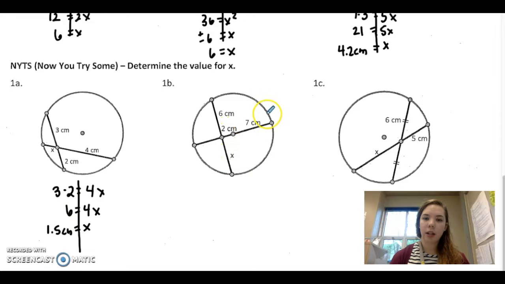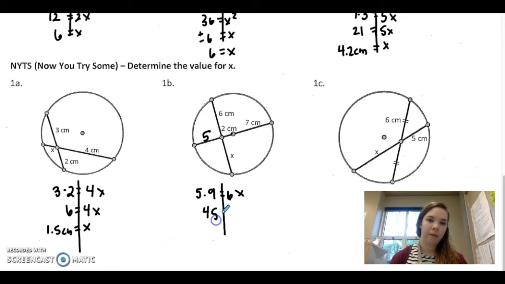Here they're saying the radius is 7. So this half has to be a 7 total also, which means this piece is 5. 5 plus 2 is 7, and then your radius is 7. Okay? So here we would have 5 times 9 equals 6 times X, which is 7.5.